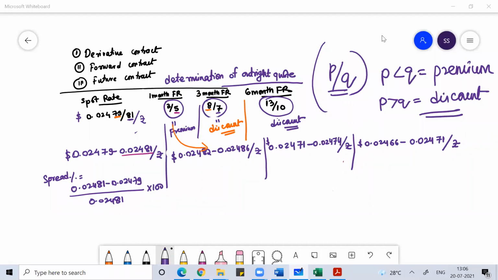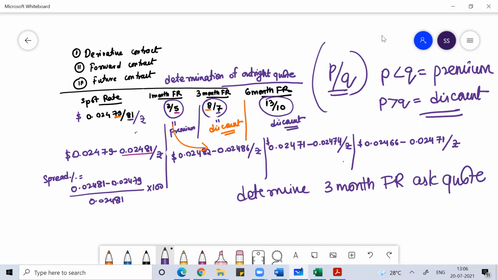Suppose I ask you to determine the 3-month forward rate, ask quote, premium or discount percentage.